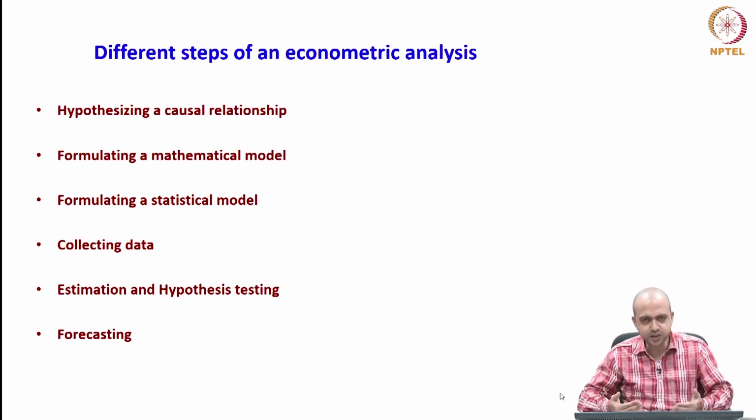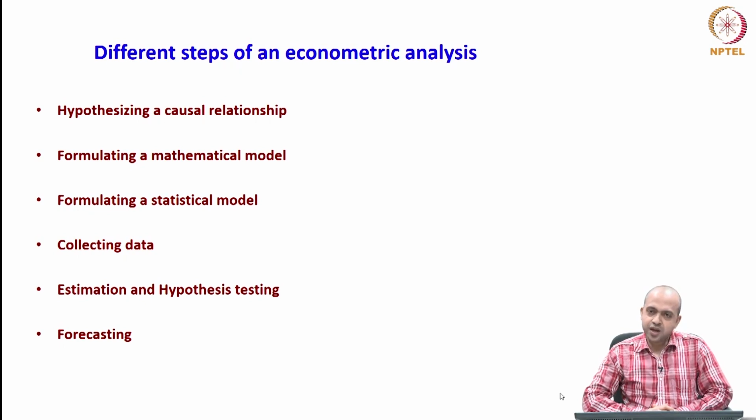We are observing certain things about individuals' social behavior, and then out of that observation we are trying to formulate some kind of hypothesis. That is the first step, hypothesizing a causal relationship. Now, once again, as we discussed earlier, econometric analysis per se will not tell you the direction of causality.